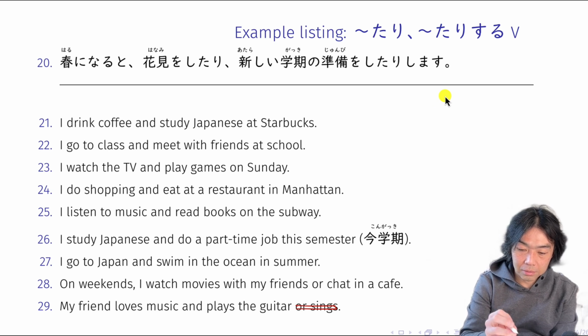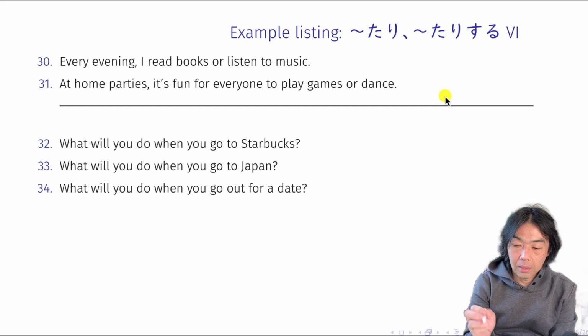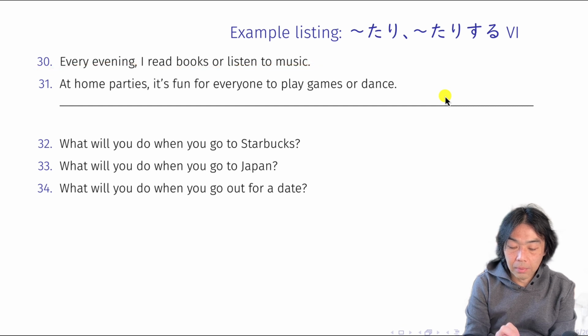Something is wrong. Boo. 30番。毎晩本を読んだり、音楽を聴いたりします。31番。This is also strange.